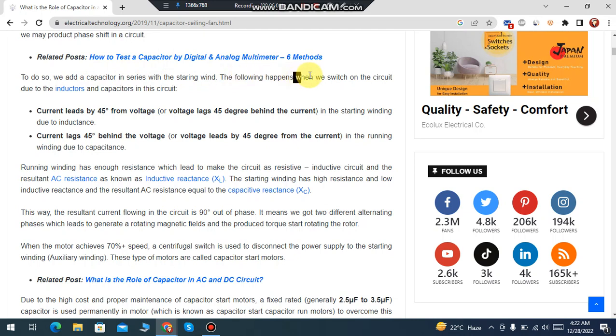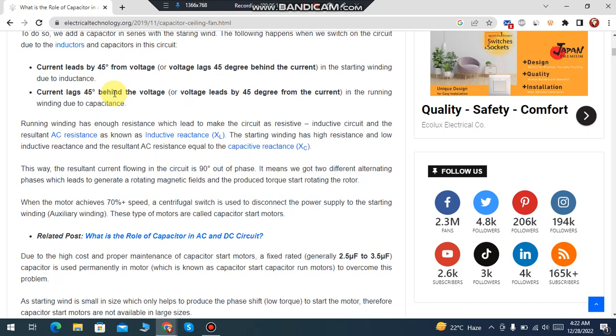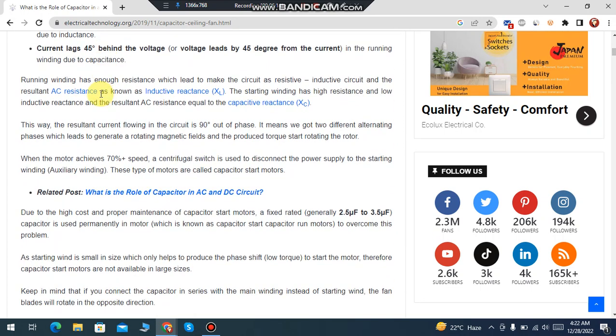The following happens when we switch on the circuit with the inductor and the added capacitor. The running winding has enough resistance to make the circuit a resistive inductive circuit, and the resultant AC resistance is known as inductive reactance.